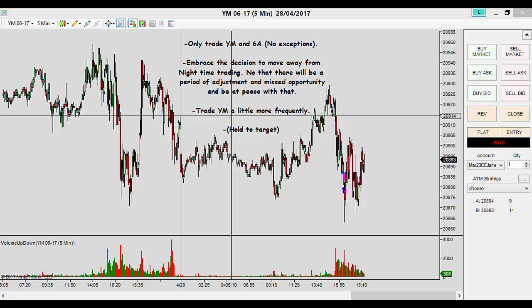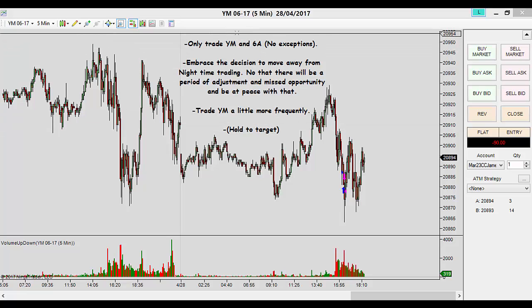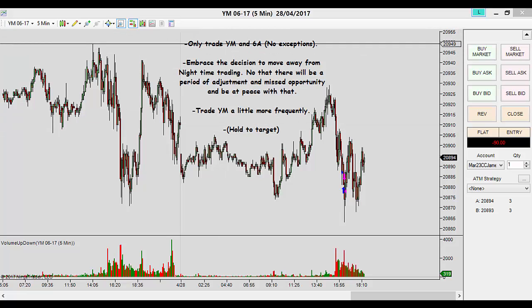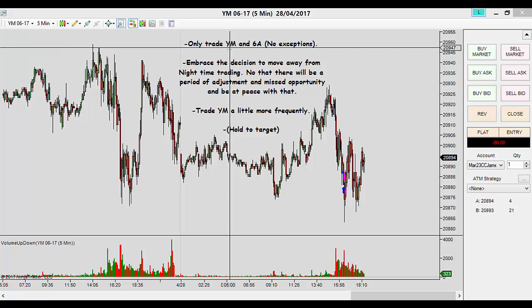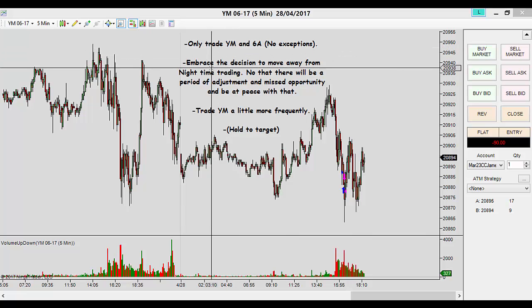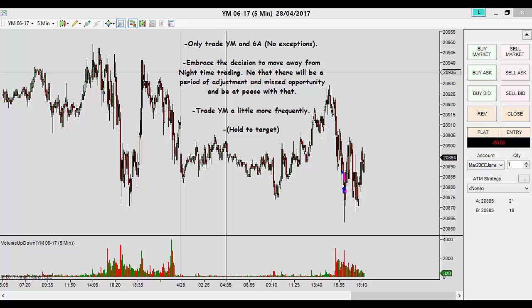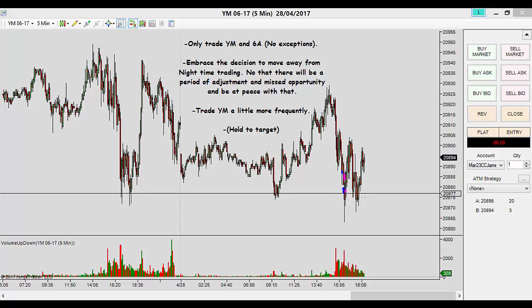And then finally, hold to target. I've put that in brackets because that's not really a problem for me. The reason why I got out of the targets is just simply a case of energy, and I had consumed all my energy watching YM trades go without me at night, essentially, early on in the week. And then that caused me to be impatient and jump the gun on the 2 YM trades that I did take.